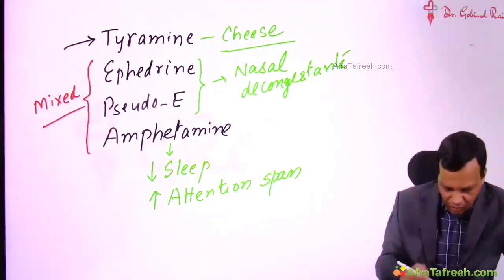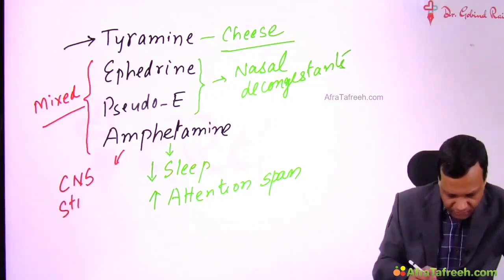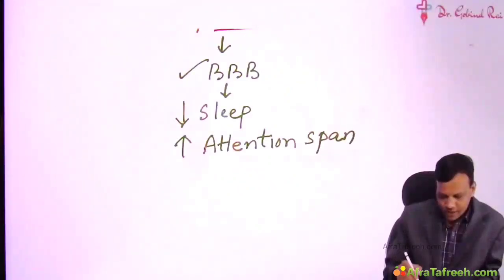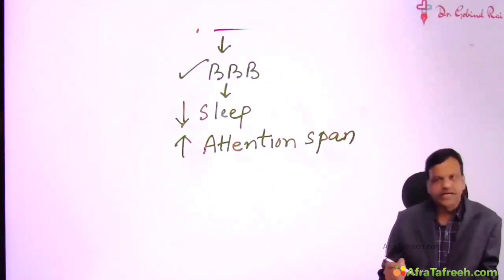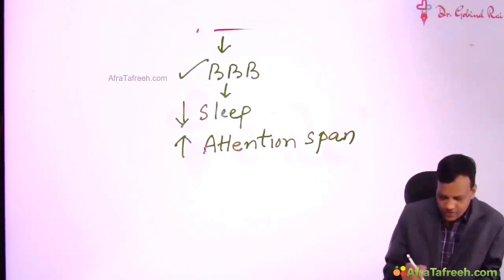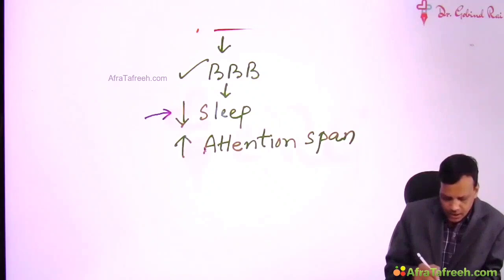Yes, they are called CNS stimulants. Although amphetamines are highly addictive drugs, the use is based on these 2 functions only. The first function is they reduce sleep, and this action is utilized in a condition called narcolepsy.